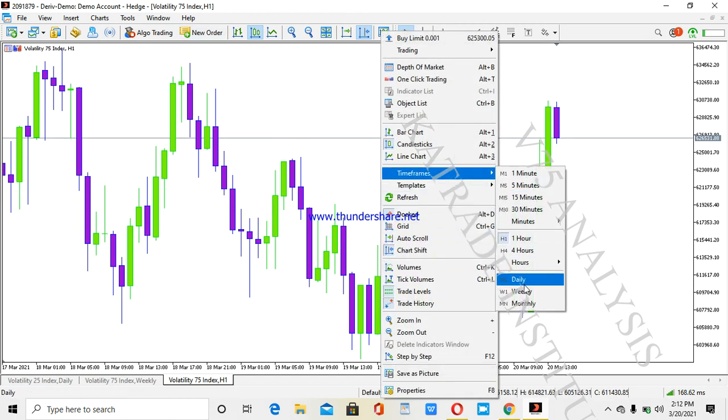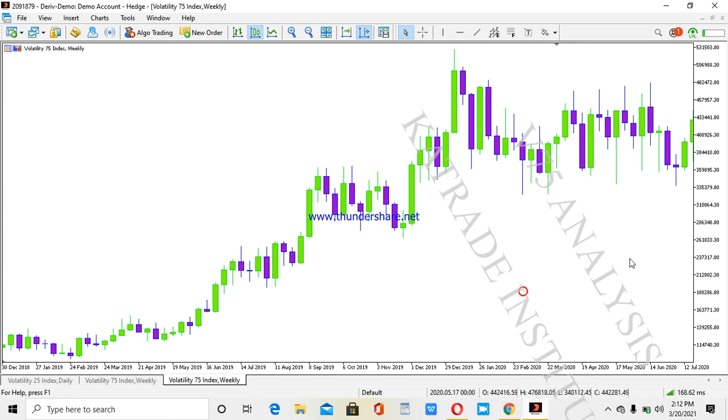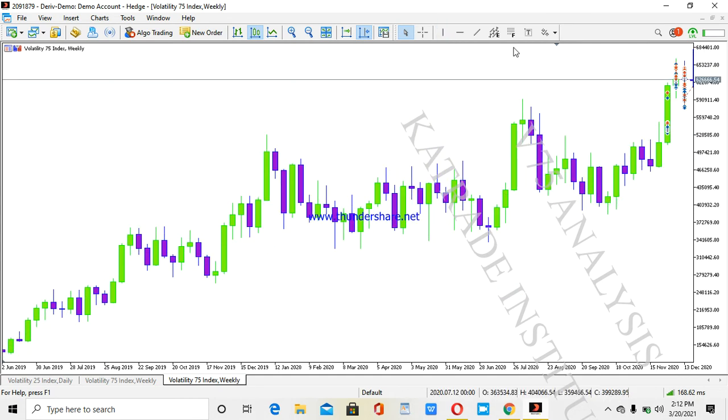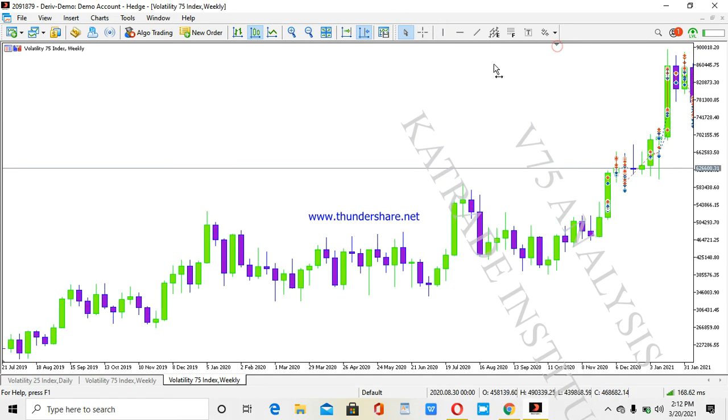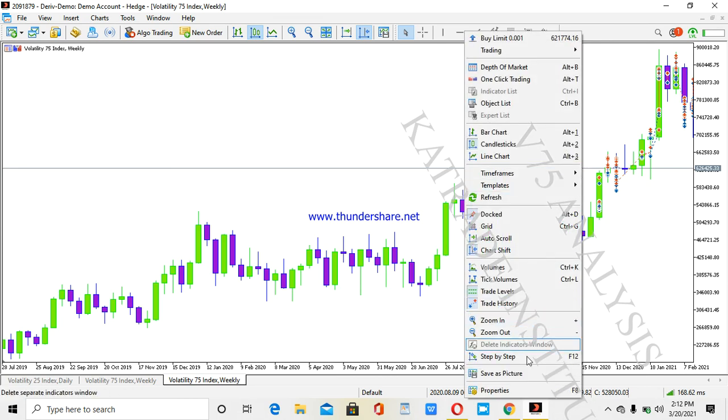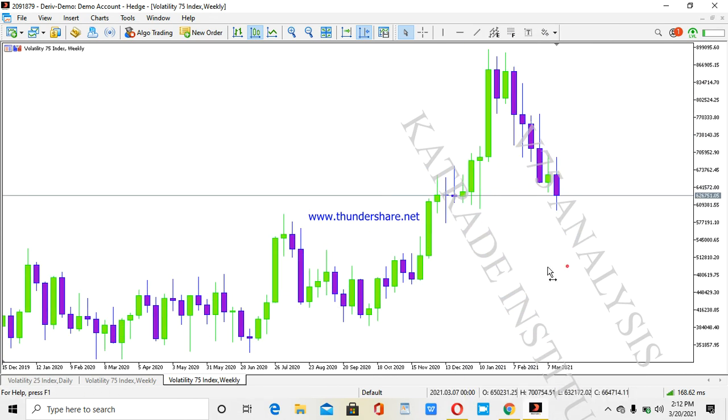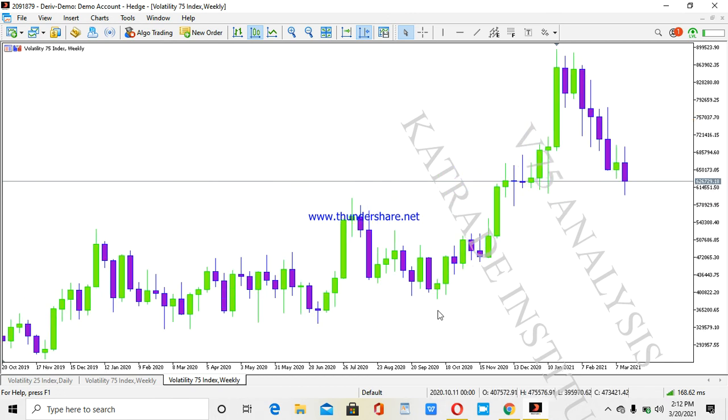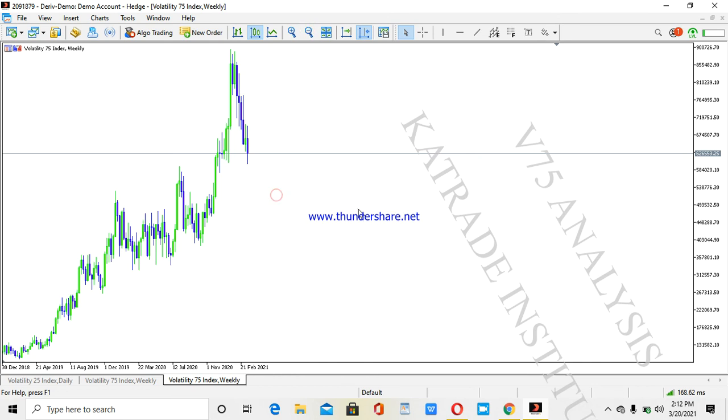I want to show you something. Weekly time frame. Look at the weekly time frame. Look at what is going on there. We can clearly see that on the weekly time frame, price is in an uptrend, right? And we got a retest around here.